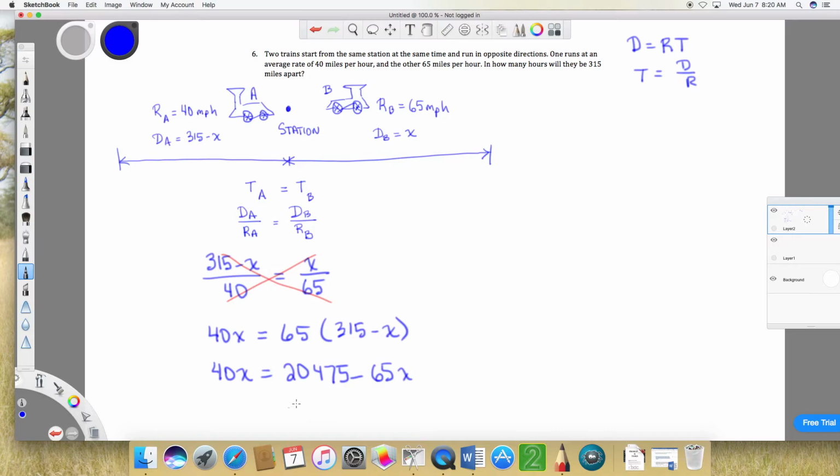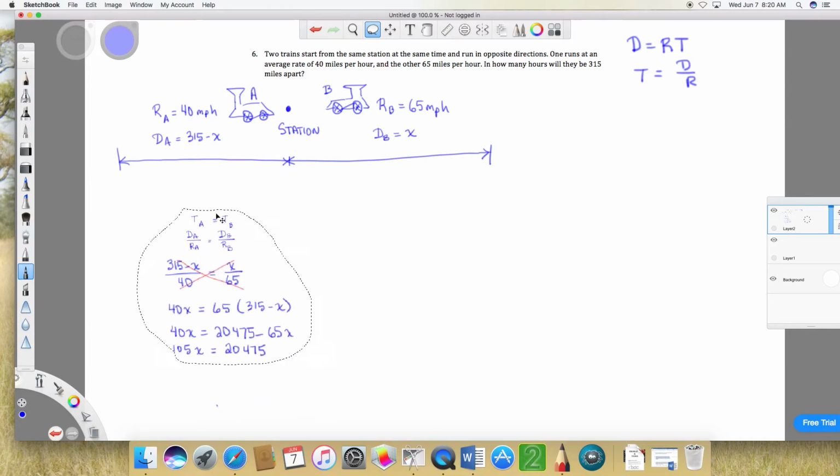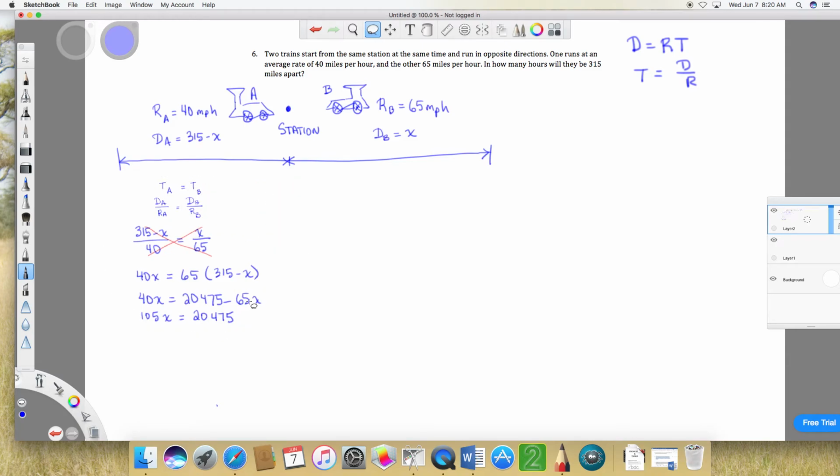And if I add 65x to each side, I'm getting that x is 195.